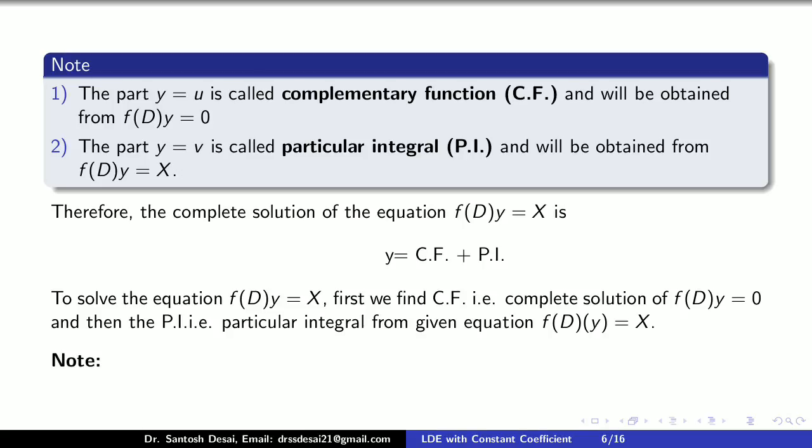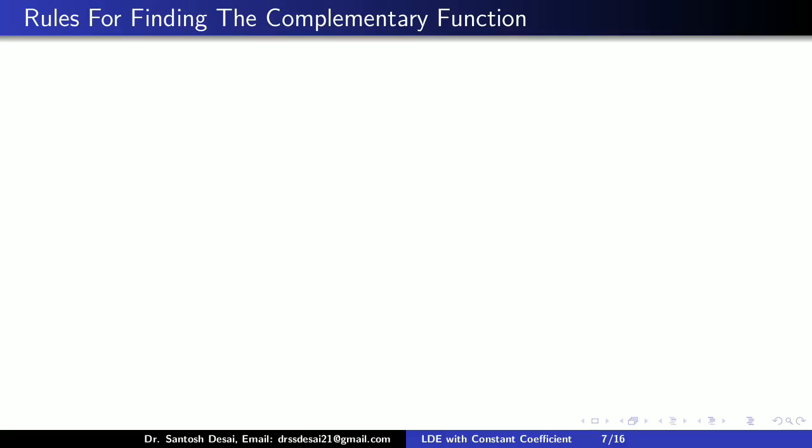Now here we take one note. If X is equal to 0, then in this case PI will be 0, and thus the complete solution is y = CF only. So the complete solution of a homogeneous differential equation is just CF only.